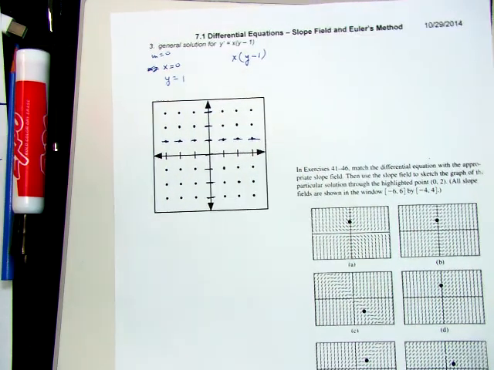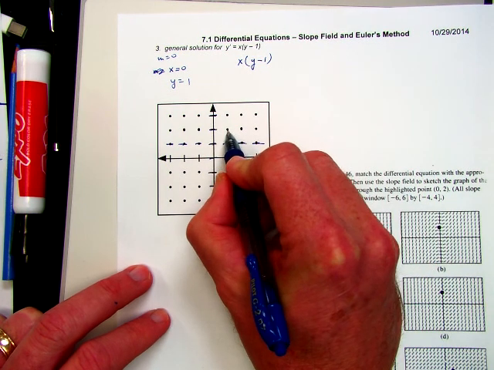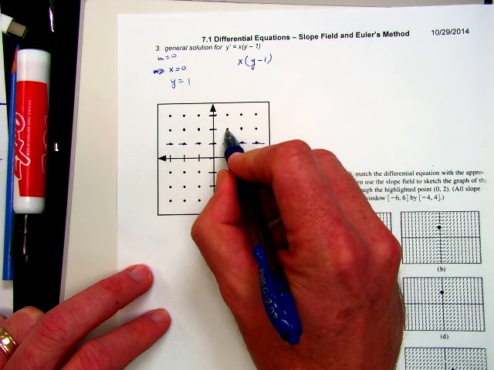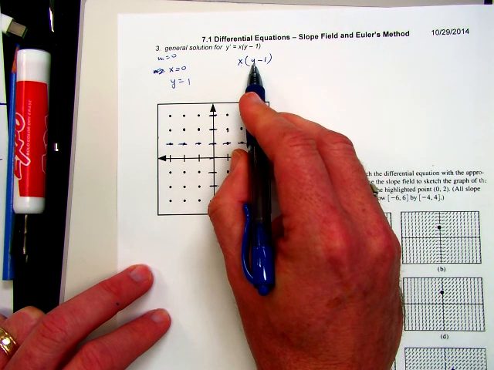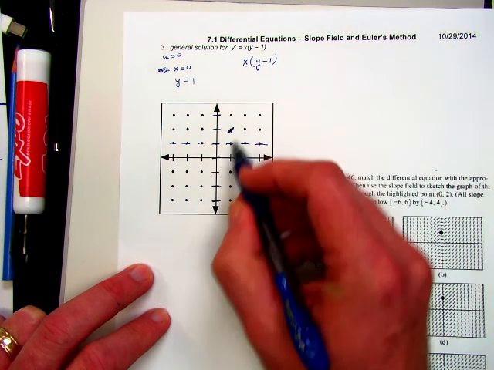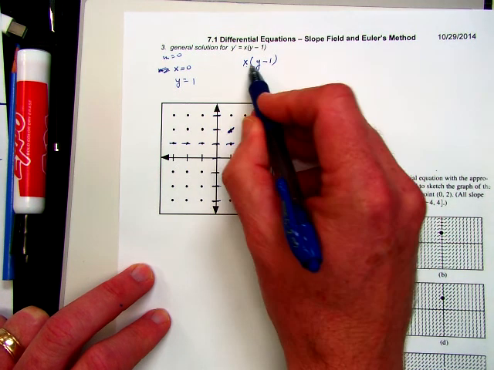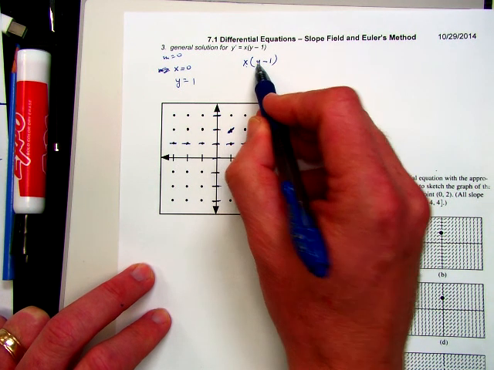So now I'm going to just start picking points. This is the point 1, 2. So that's 1 times 1 is 1. If I plug in, this is the point 2, 2. So I get 2 times 1 is 2.